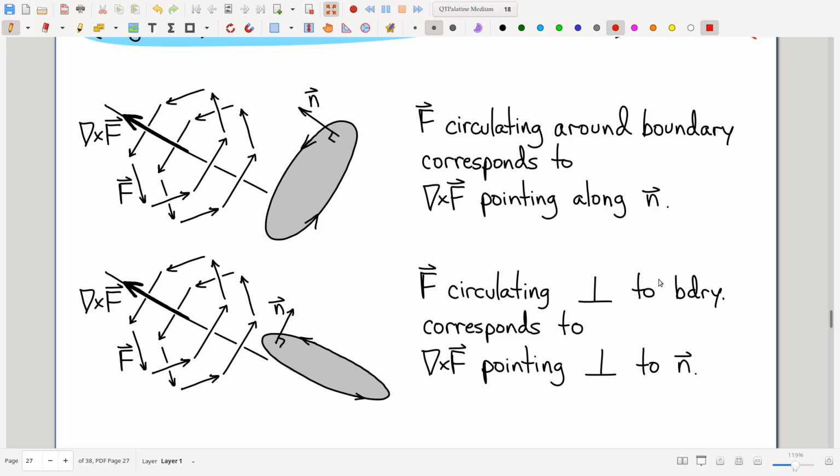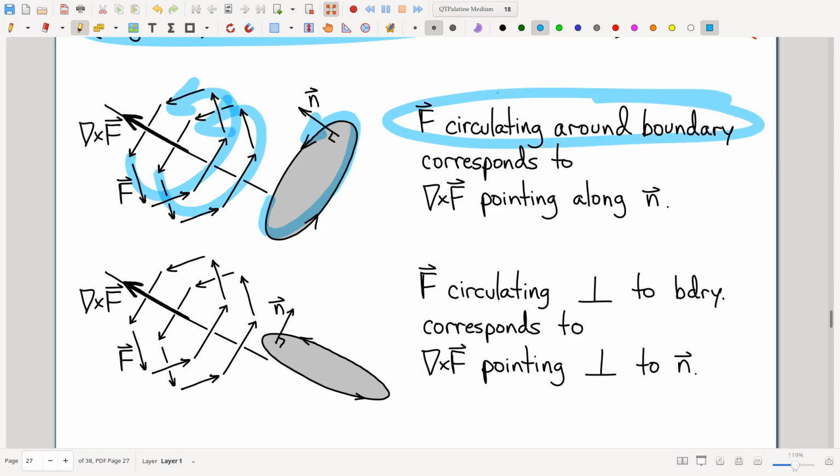Just literal rotation around an axis. And notice the extent to which the fluid is going around that boundary, right? To what extent do we have actual circulation of fluid around the boundary? I'm just geometrically, I'm going to say, yeah, quite a bit.